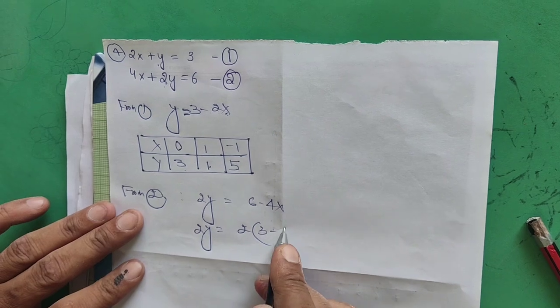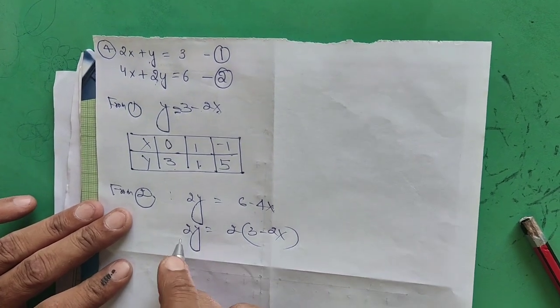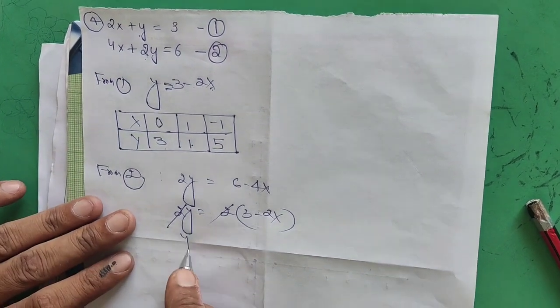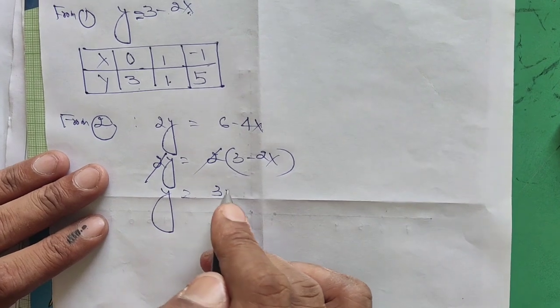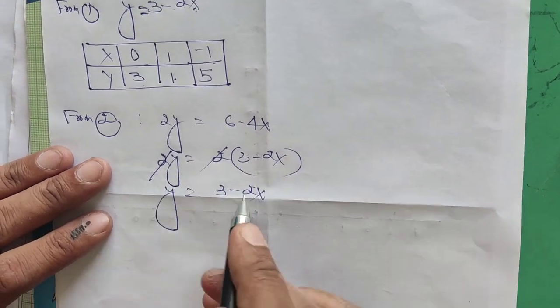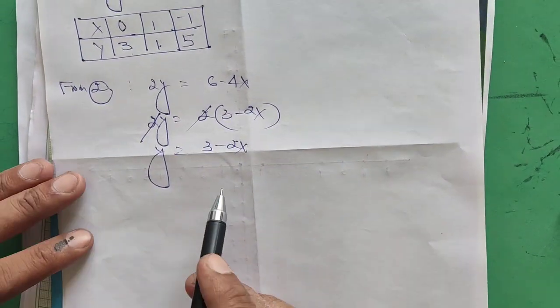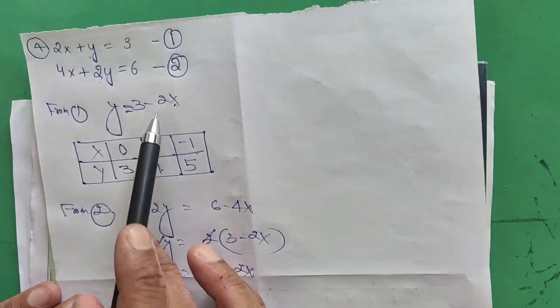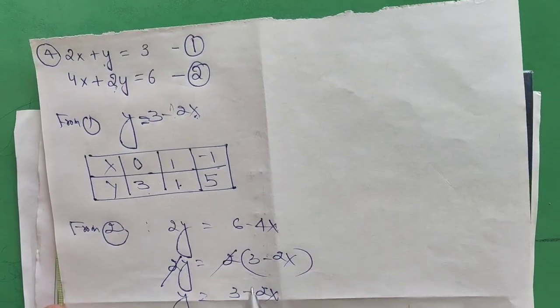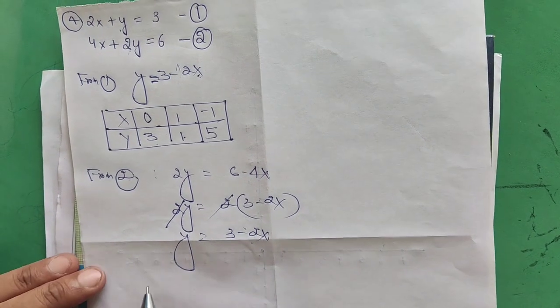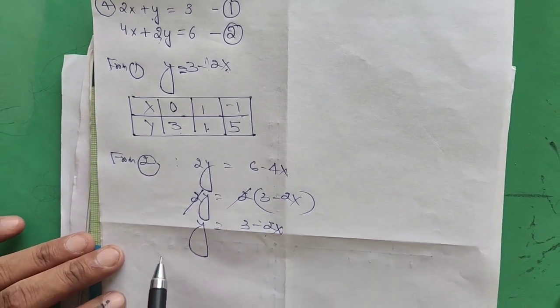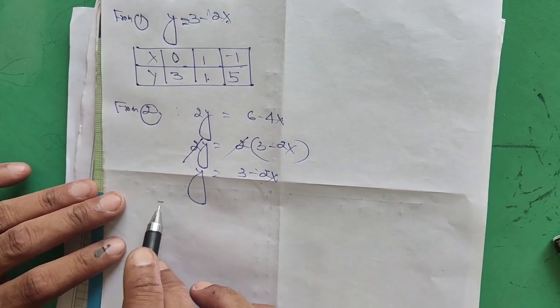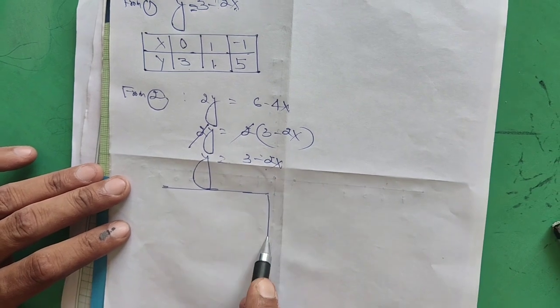So this is 3 minus 2x, and 2 and 2 cancel out. Therefore y is equal to 3 minus 2x. And we check here, this is the same as the graph of equation number 1, because both have the same equation. So we get the same values, or we take different values and check the graph of both equations is the same.